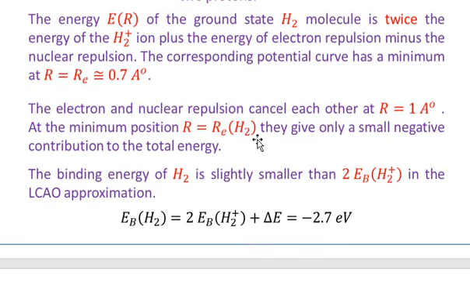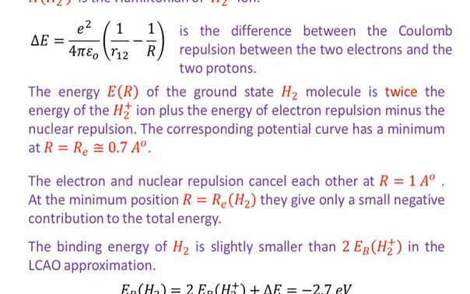The electron and the nuclear repulsion cancel each other at R is equal to 1 angstrom. That is the two terms, 1 over R12 minus 1 over R. These two terms could cancel each other at R is equal to 1 angstrom.